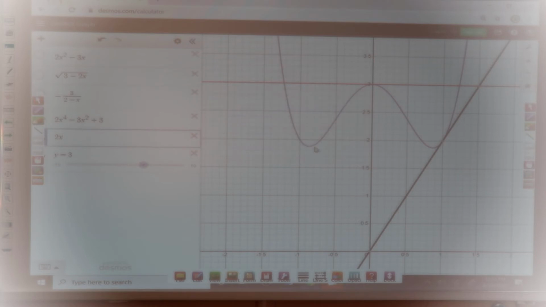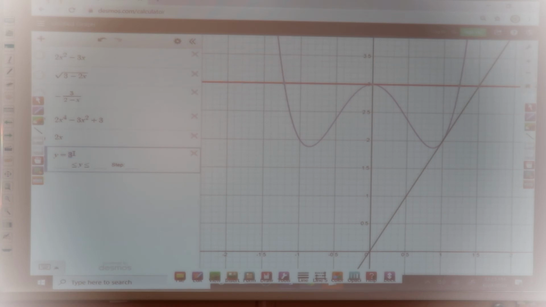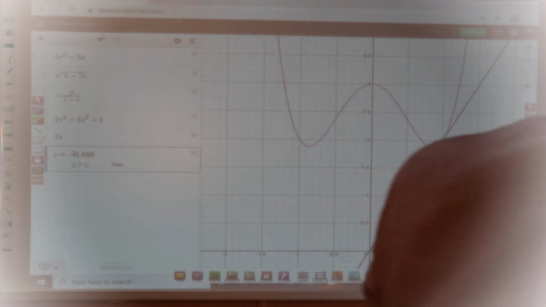It's about negative 0.866, right? I'm going to graph the line y equals negative 0.866.